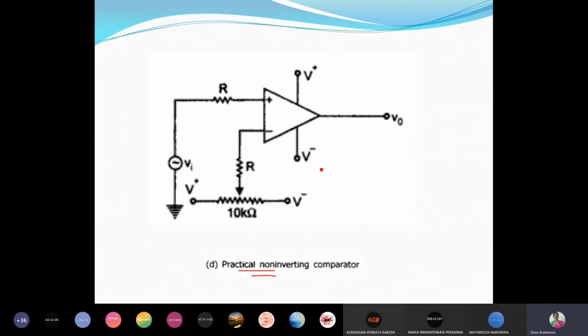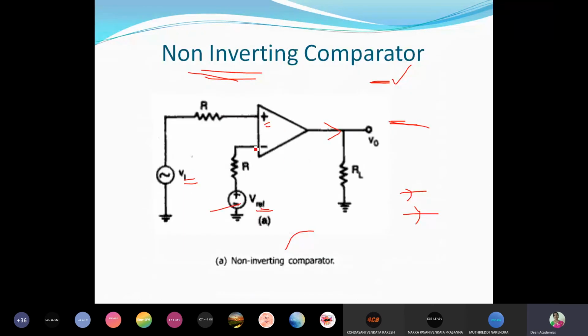So nothing is there in a comparator. Just the voltage Vin we give, and to the other terminal we give a reference voltage. That's all. We draw the OpAmp and of course these current limiting resistors. If you give input voltage at the non-inverting terminal, you say it is a non-inverting comparator.